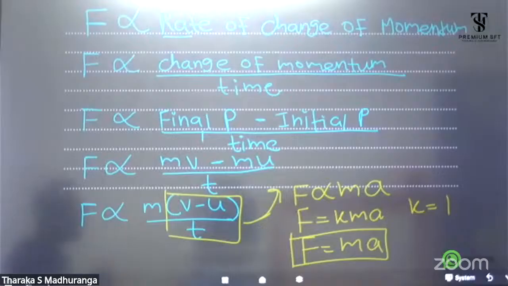Now you can remember Newton's second law expression. There are two methods: the acceleration method and the momentum method. What is the acceleration method? Acceleration is directly proportional to the unbalanced force and inversely proportional to the mass of the object.